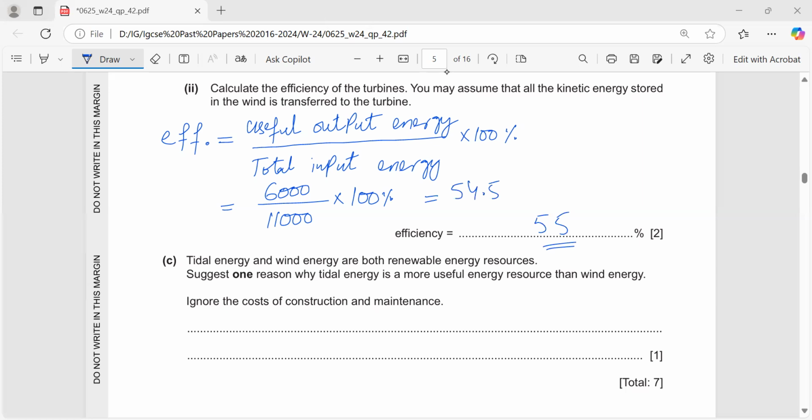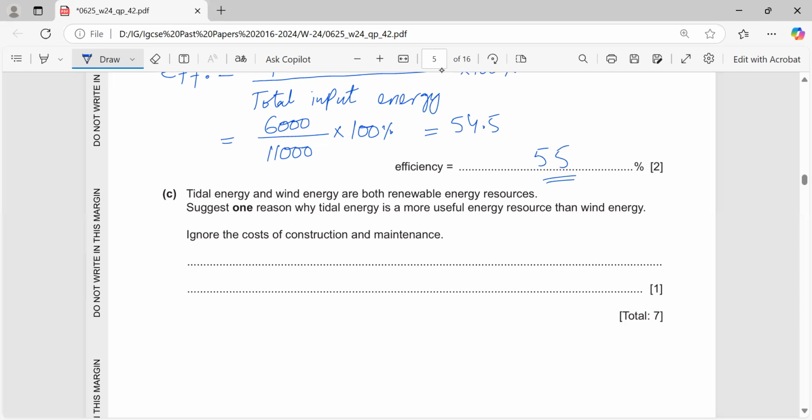Okay, Mariam, nice. Then next is, tidal energy and wind energy are both renewable energy resources. Suggest one reason why tidal energy is a more useful energy resource than wind energy. Ignore the cost of construction and maintenance. 1 mark is there.